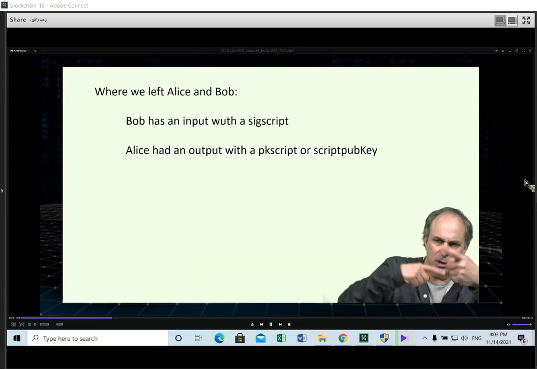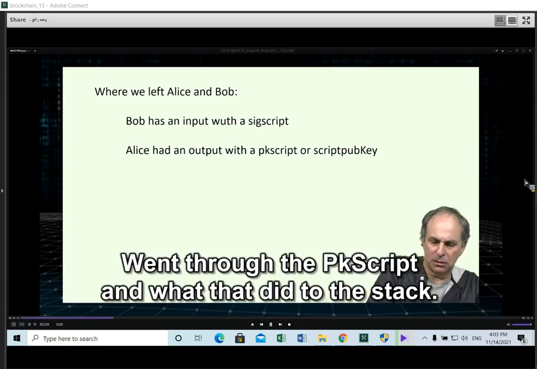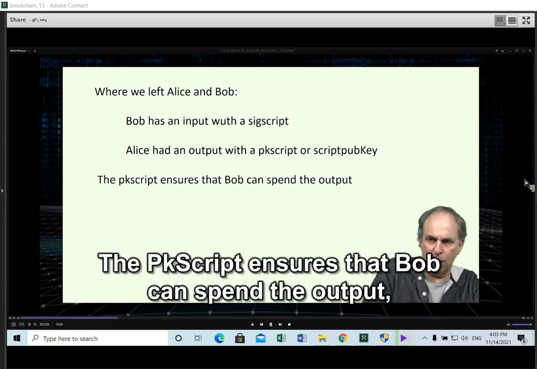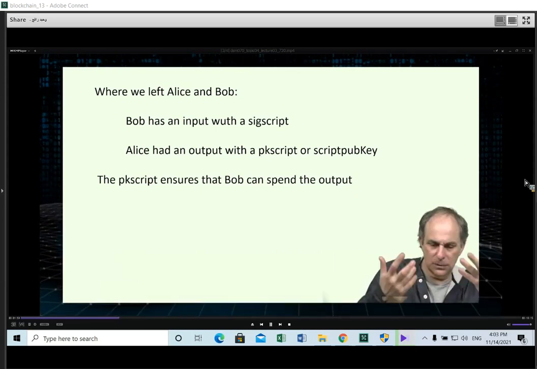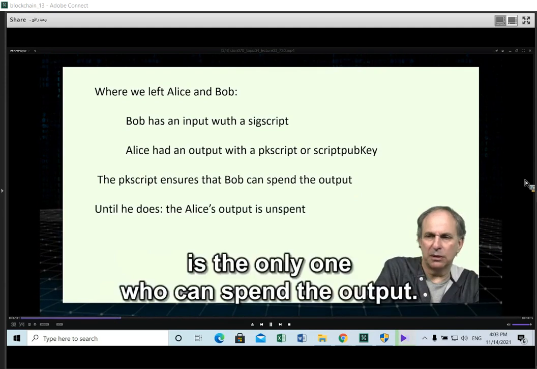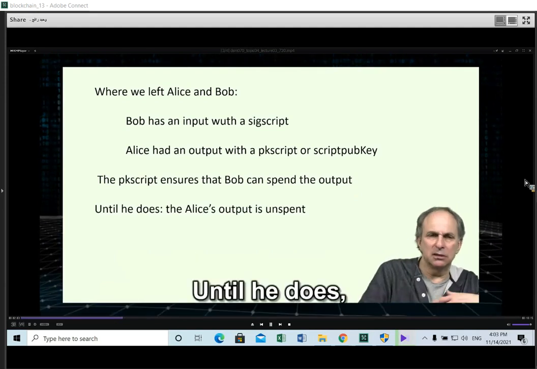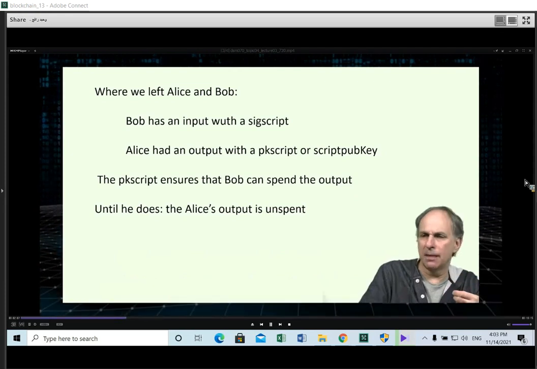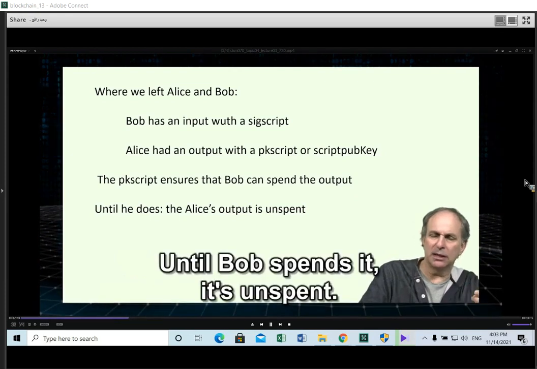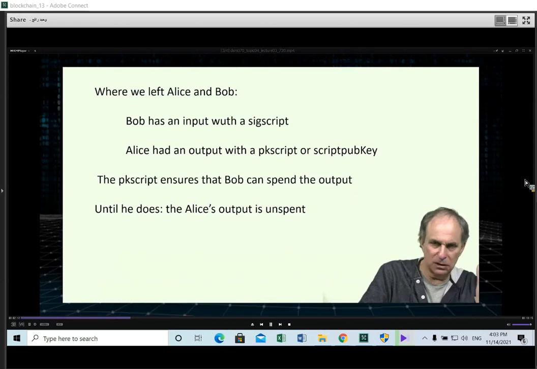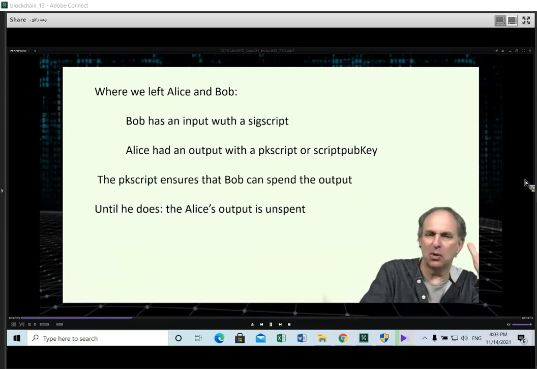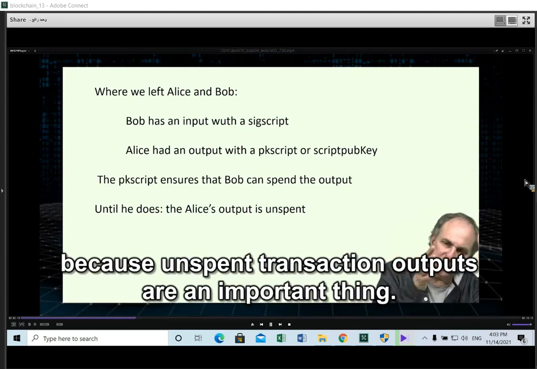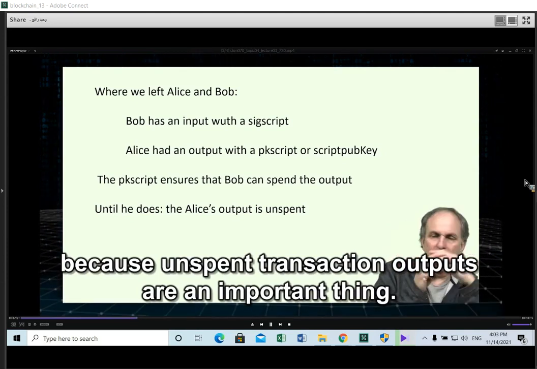Until Bob comes along and spends that output, it's an unspent transaction output, the acronym for which is UTXO. So unspent is U, TX is transaction, O is output. So UTXO is an unspent transaction output. Until Bob spends it, that's what it is.